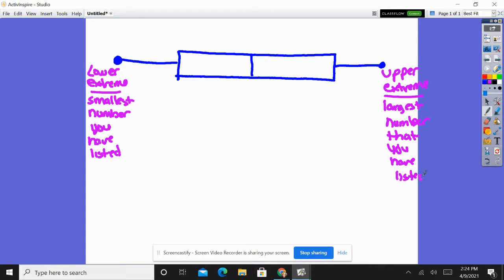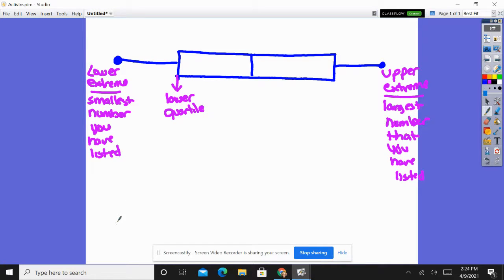Right? This point right here is called either, it just depends on which book wrote the lesson, the lower quartile.